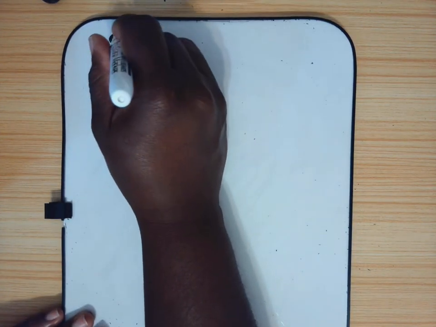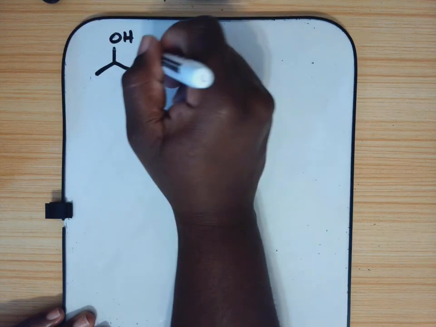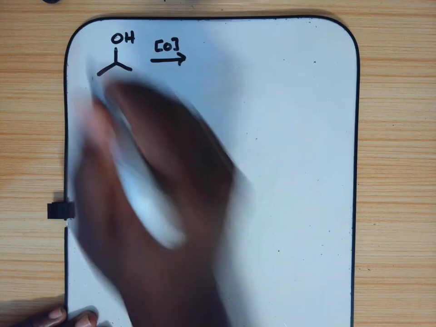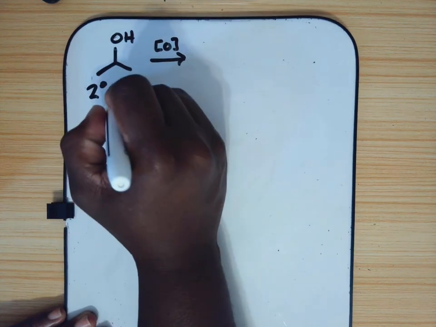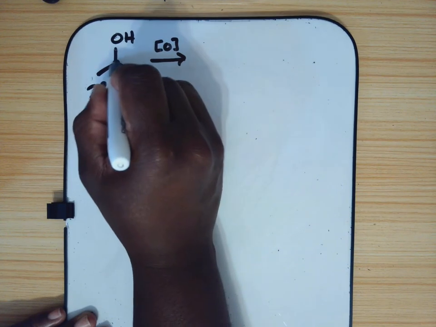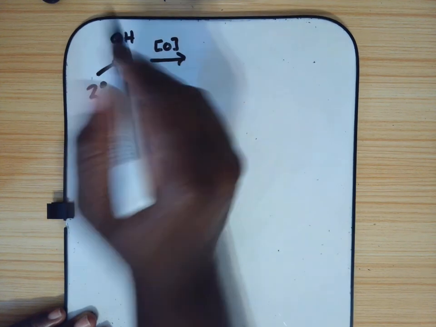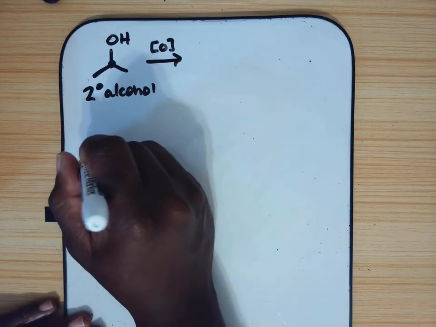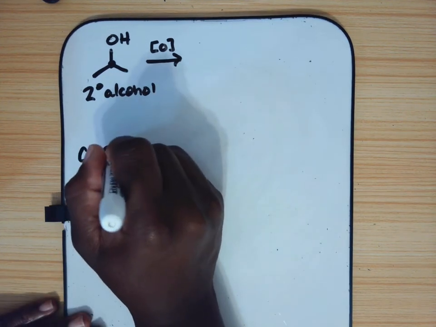So if I have that secondary alcohol and I want it to become oxidized. Again, it's secondary because we can locate that alcoholic carbon, which is the carbon that the OH is bonded to. In this case, it's directly bonded to 2 carbon atoms, making it secondary. So I'm going to still show it as the expanded form.